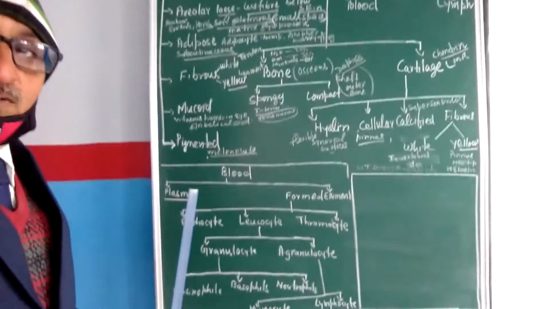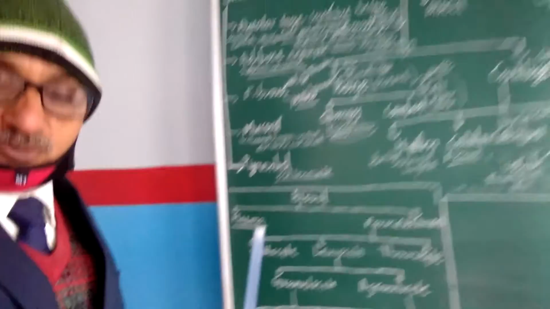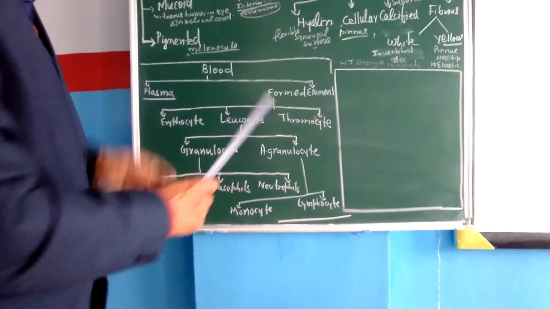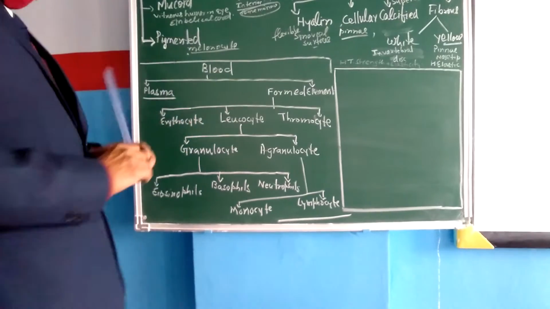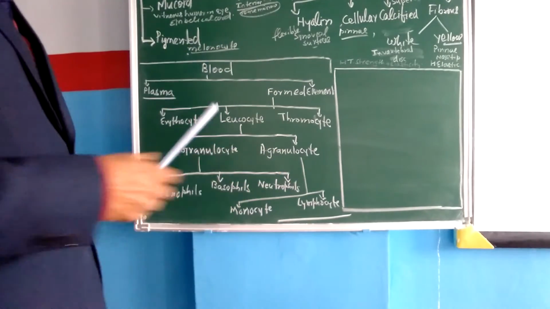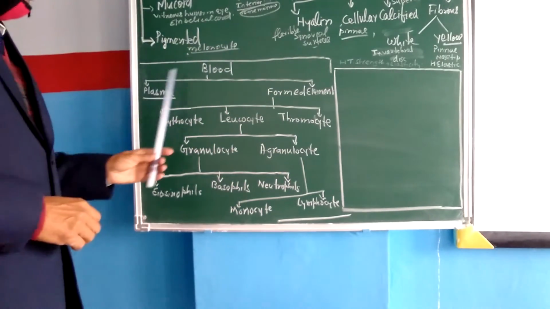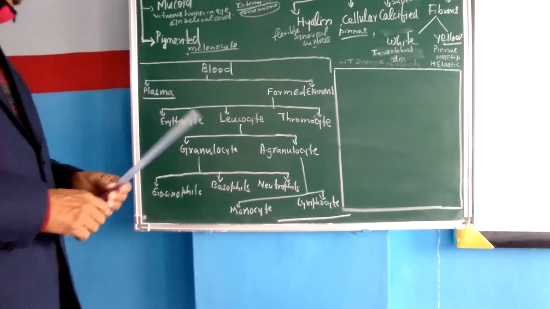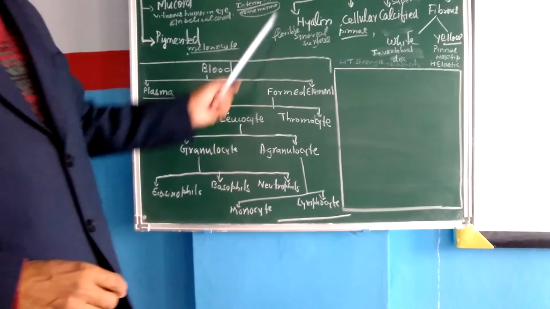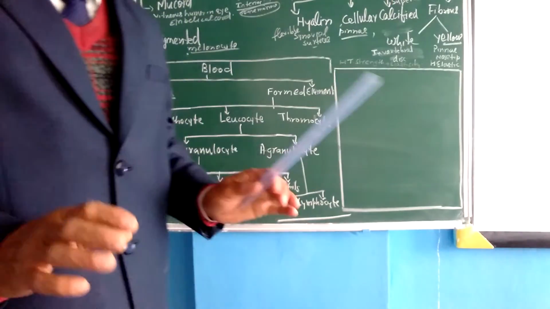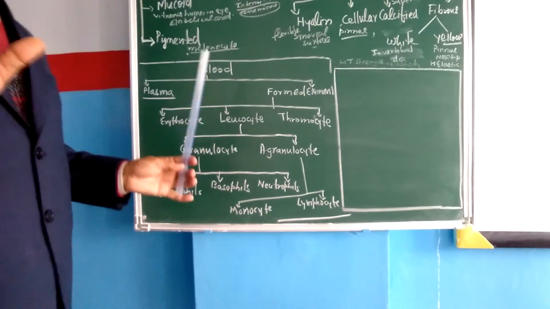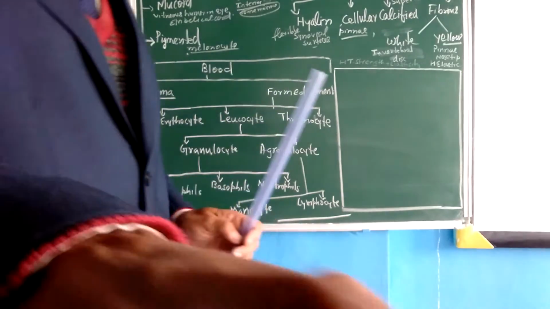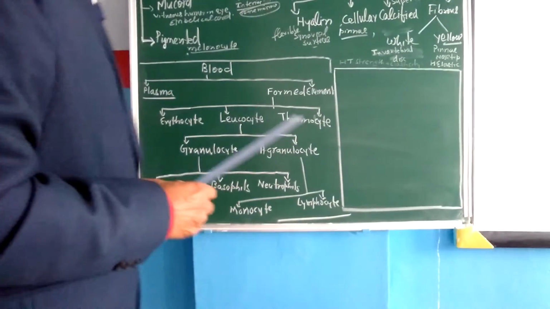Now the blood. When we talk about blood connective tissue, we see that it is a fluid connective tissue, a fluid that circulates throughout the body. So fluid connective tissue is of two types, blood and lymph. In blood, mainly the blood contains plasma and formed elements, formed cells.